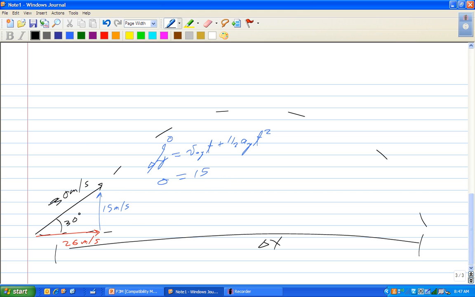I'm asking for trouble. I'm done with that, so I'm going to cross it out. 15 times the time plus 1/2 negative 10 times t squared. So that becomes 0 equals 15t minus 5t squared. Move the 5t squared to the other side. 5t squared equals 15t. Divide both sides by 1t. And I get time is 3 seconds.